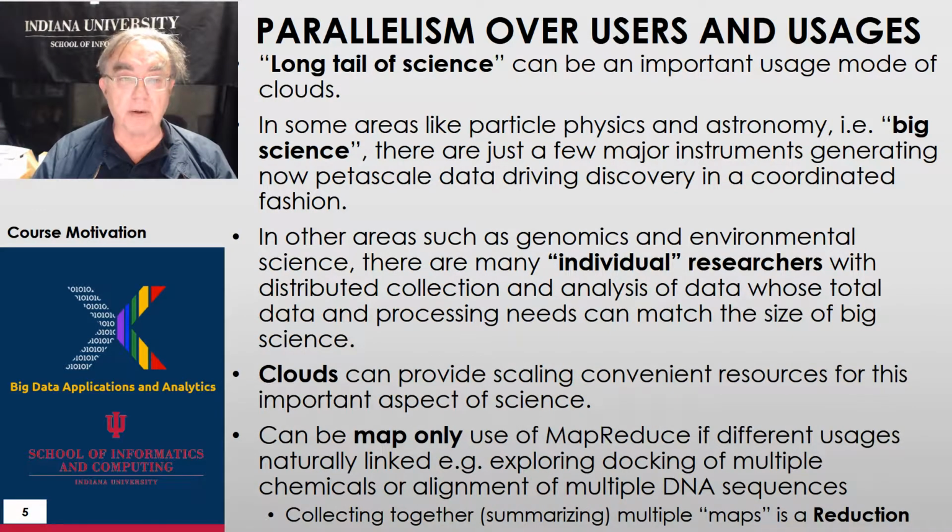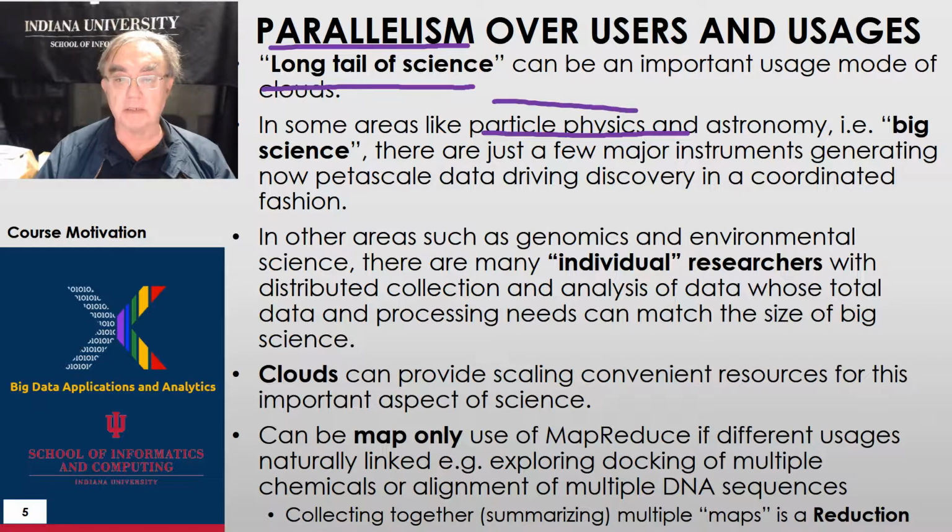So if we look at parallelism, we can do parallelism over users. That's the long tail of science, and that's one type of parallelism we can run on clouds. In particle physics and astronomy, particle physics collects events of particles colliding, and astronomy collects images gathered by telescopes, snapping the sky.